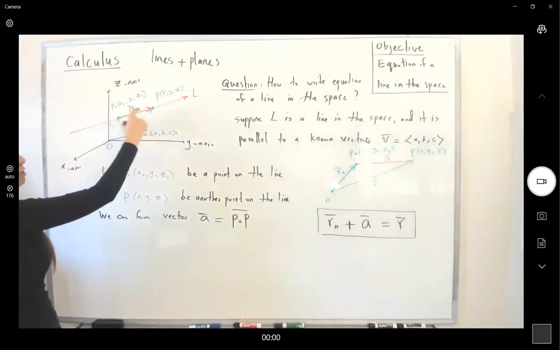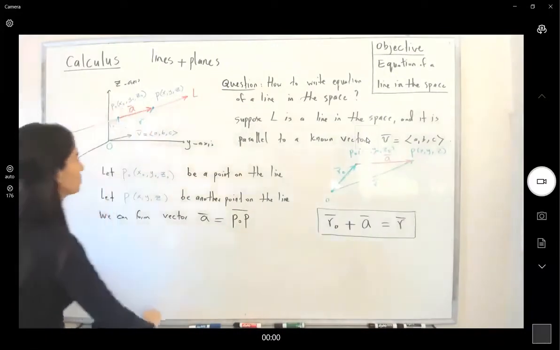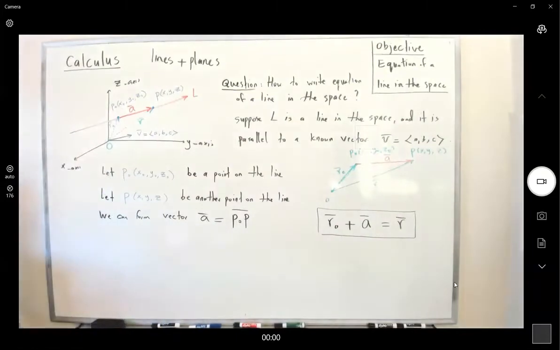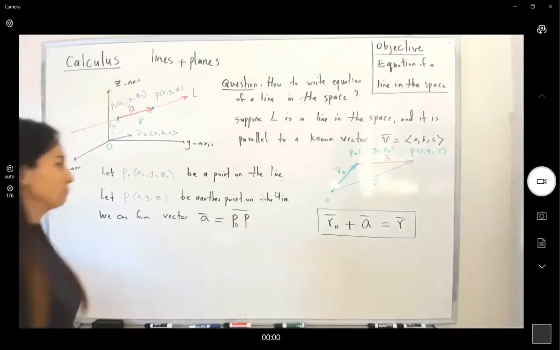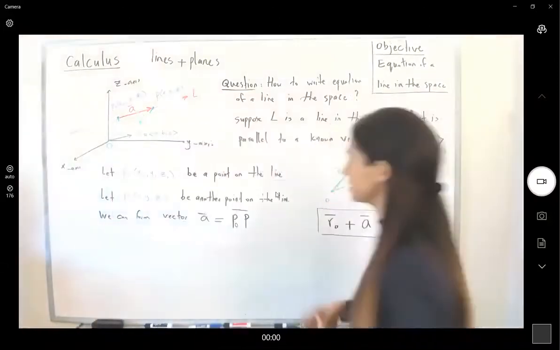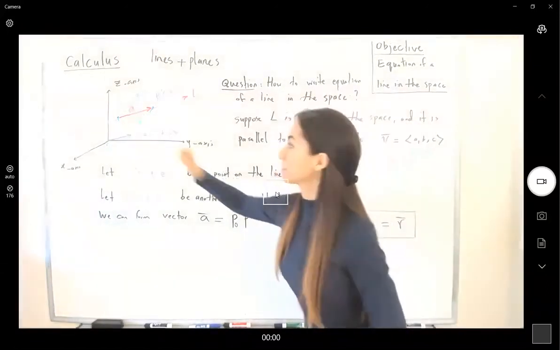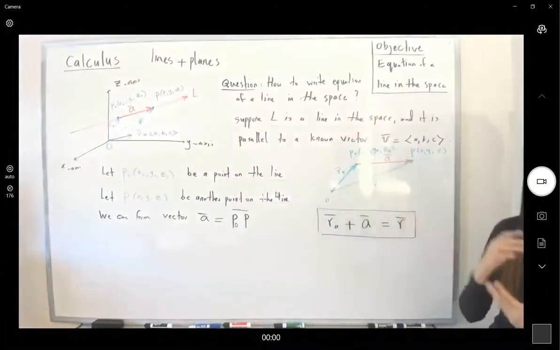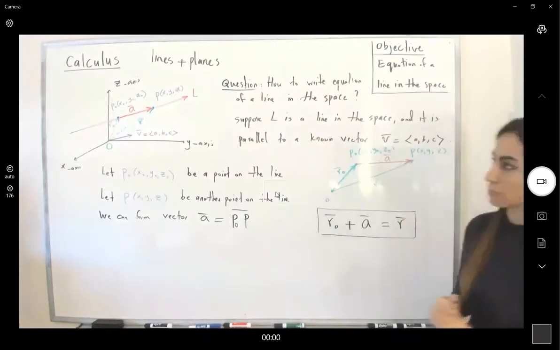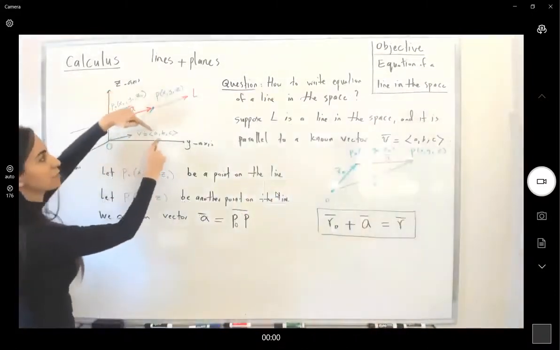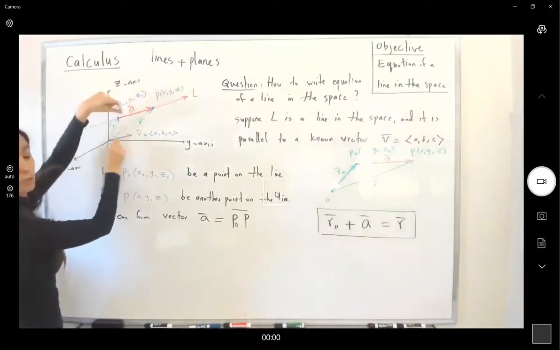So far we have this relation between these 3 vectors. R sub 0 plus A is equal to R. Now you ask, you talked about this known vector V. How do we use that known vector V? Our vector A and vector V are actually parallel to each other.